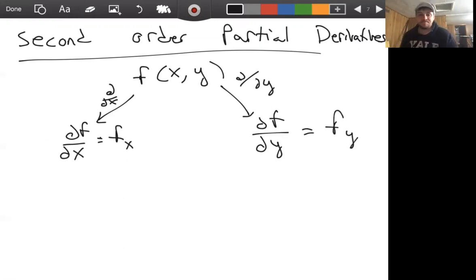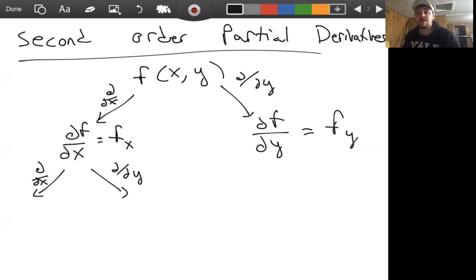But now, for second order partial derivatives, df dx is still in general a function of 2 variables, right? And so we still have to take partial derivatives. And so that means here, we can again take the derivative with respect to x and the derivative with respect to y.